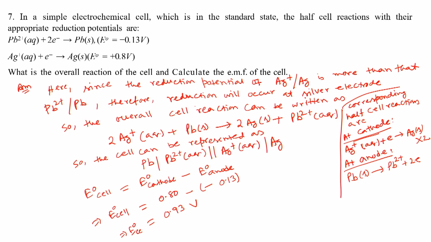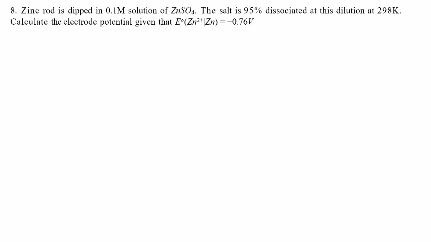This E naught cell is the standard EMF of the cell. In order to calculate the standard EMF of the cell, we use the reduction potential of the cathode minus the reduction potential of the anode, and the value we get is 0.93 volt. Next, we move to problem number 8.